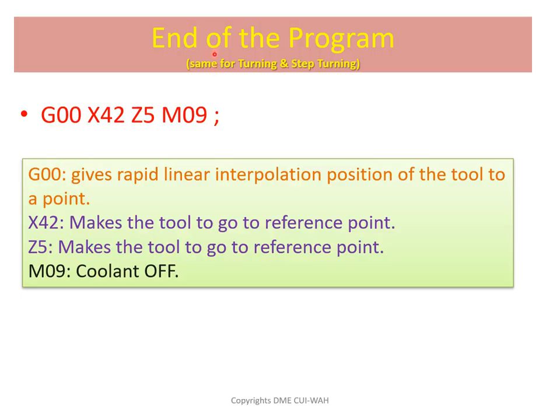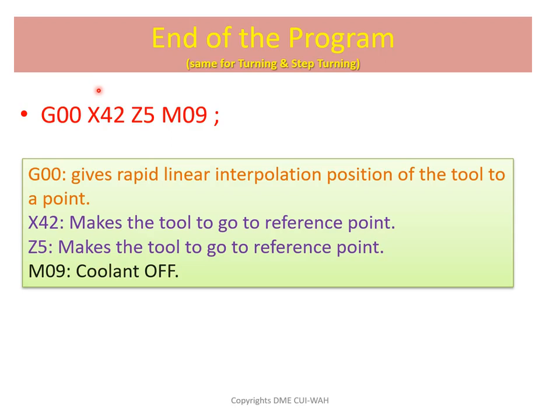Now coming to the end of the program, as discussed earlier, there are three parts of the program. First part was the initialization, which we have set. Then the middle part, in which we have written all the code including G94. Now the end of the program. At the end of the program, the first one is G00. G00 gives the rapid linear positioning to the tool. Means it moves the tool away from the workpiece to a specified position rapidly.